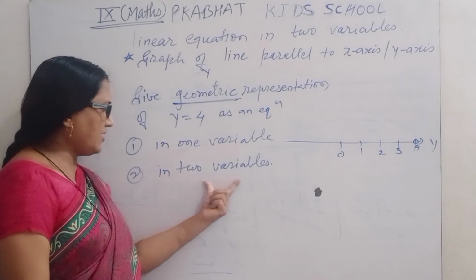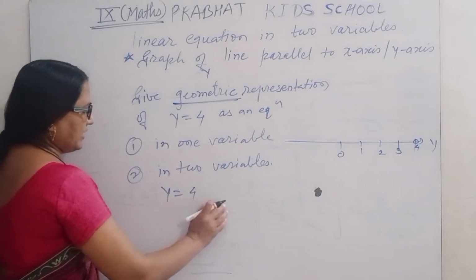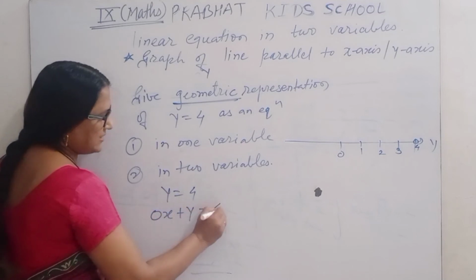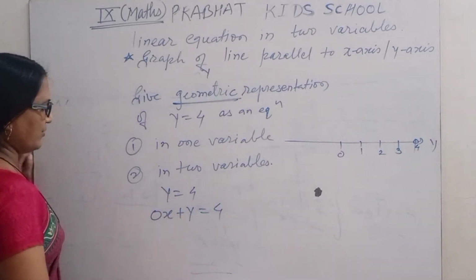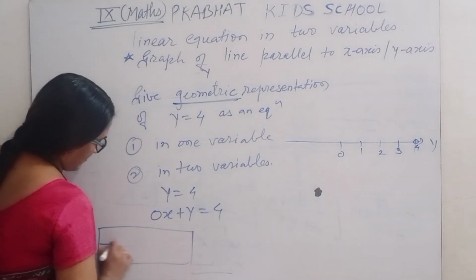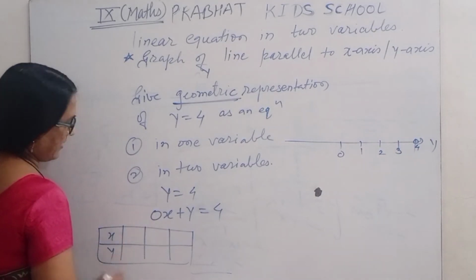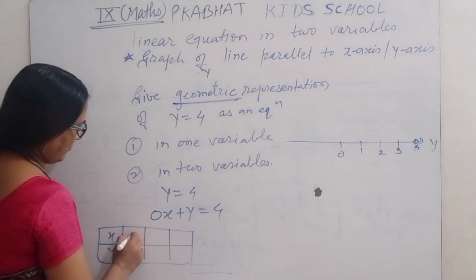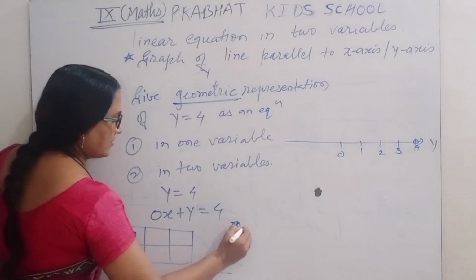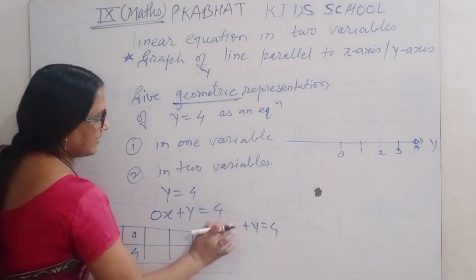Now we are taking it in two variables. y is equal to 4. We will rewrite this equation as 0x plus y is equal to 4. Now choose different values of x. Put x equal to 0, then y is equal to 4.